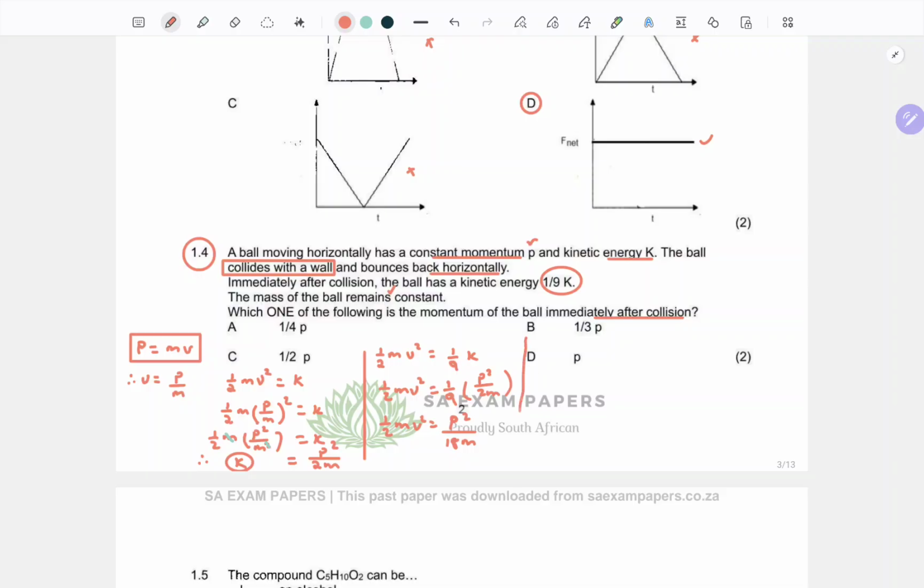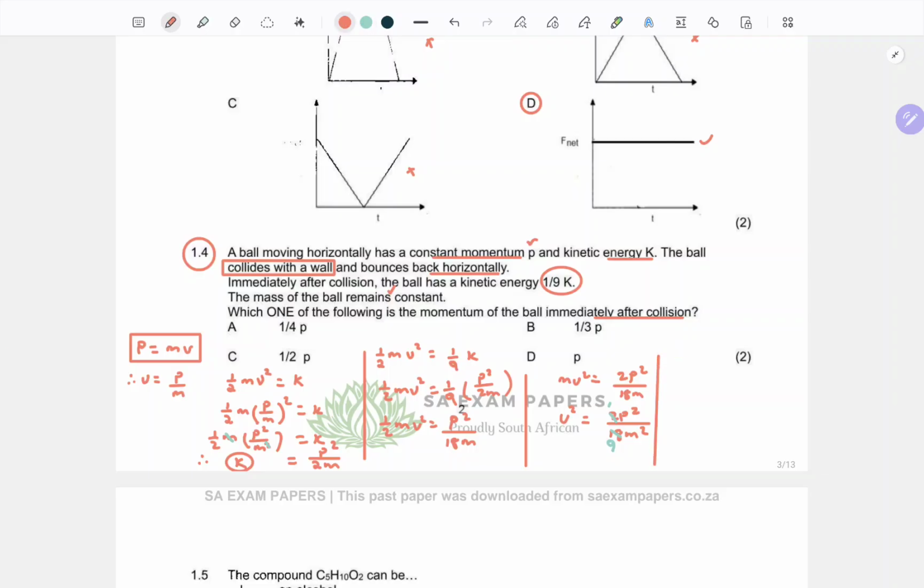Now we cross multiply, so we know that mv squared is going to be 2P squared over 18M. Then we isolate v squared. It's going to be 2P squared all divided by 18M squared, and we can see that this goes 9 times. That's it.